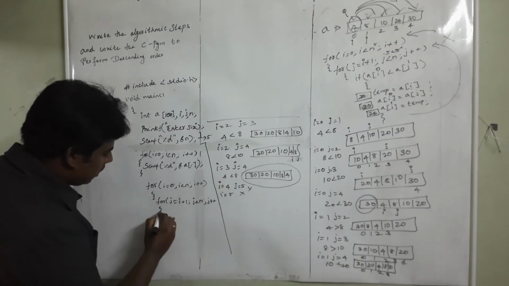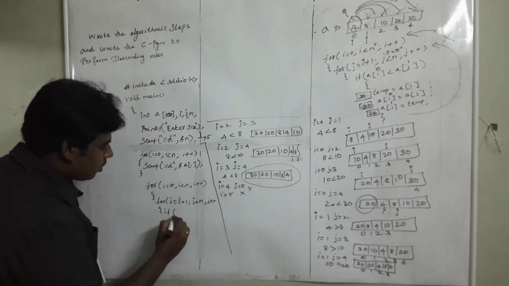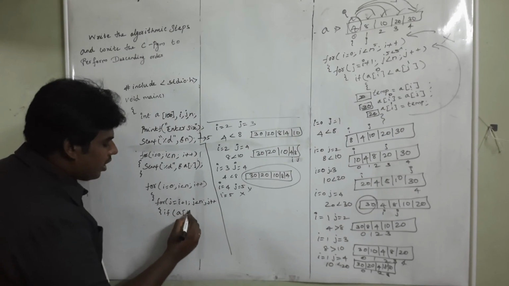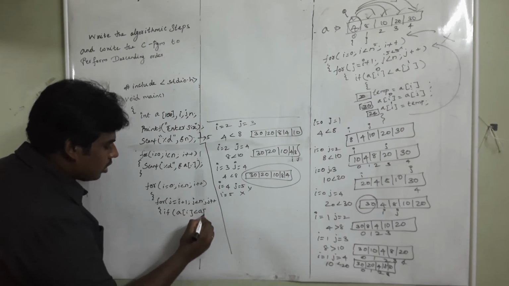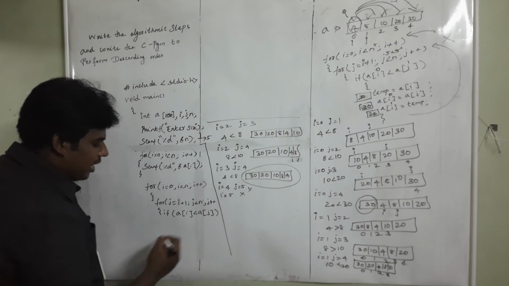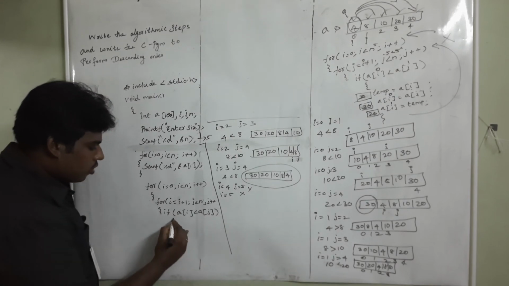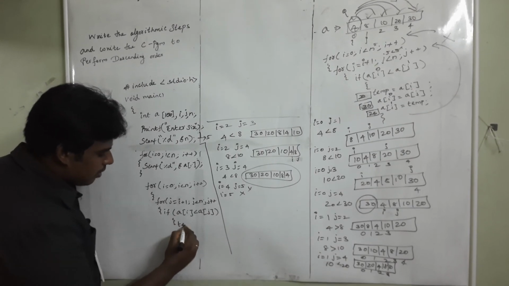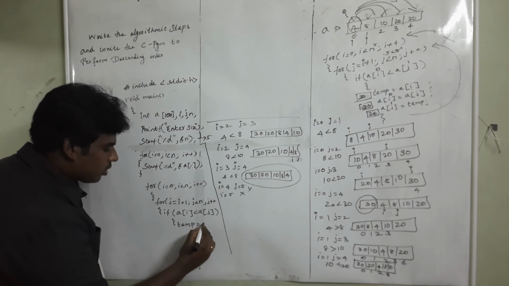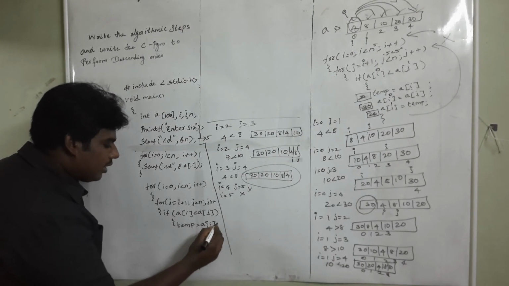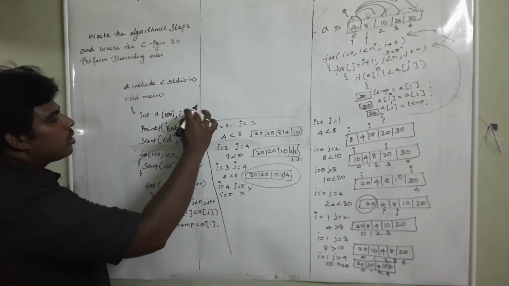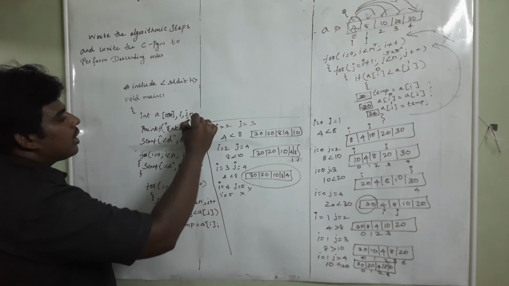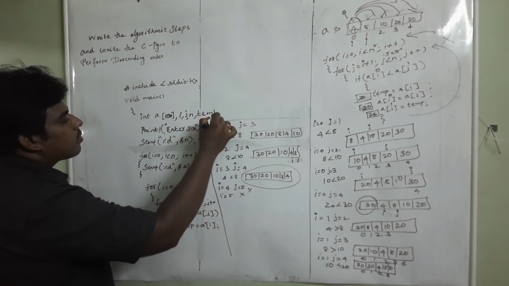Okay. Inside, if a of i less than a of j, I am checking a condition. If this condition is true, then temp equal to, I am swapping. I am taking an additional memory location, that is temp. So here also you have to declare this temp.